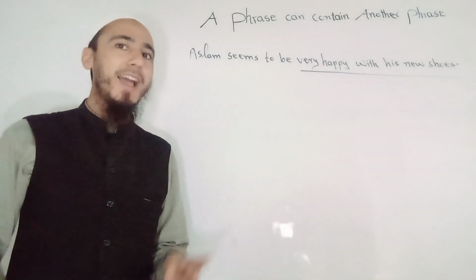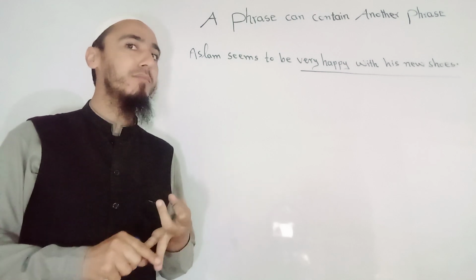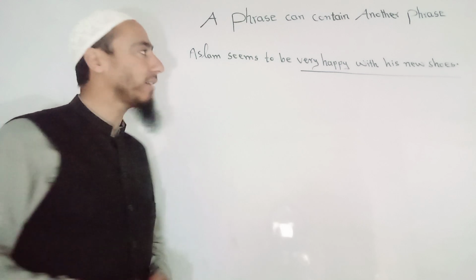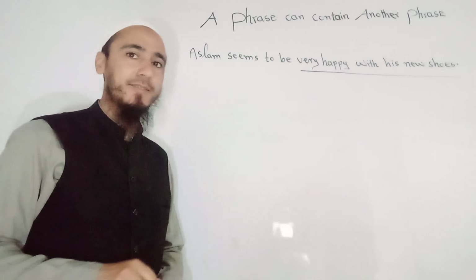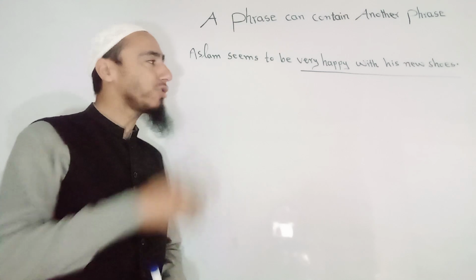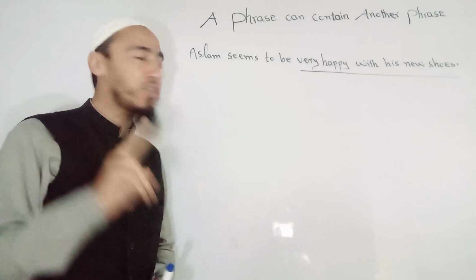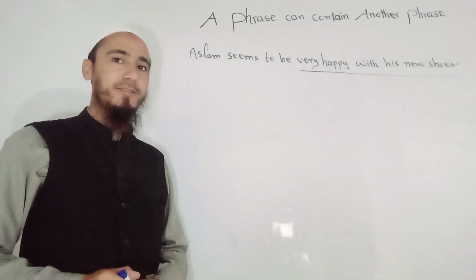However, with the help of two tests, the replacement test and the movement test, we come to know and we can understand that there are other phrases as well inside this phrase. These tests will indicate that there are two more phrases inside this phrase.